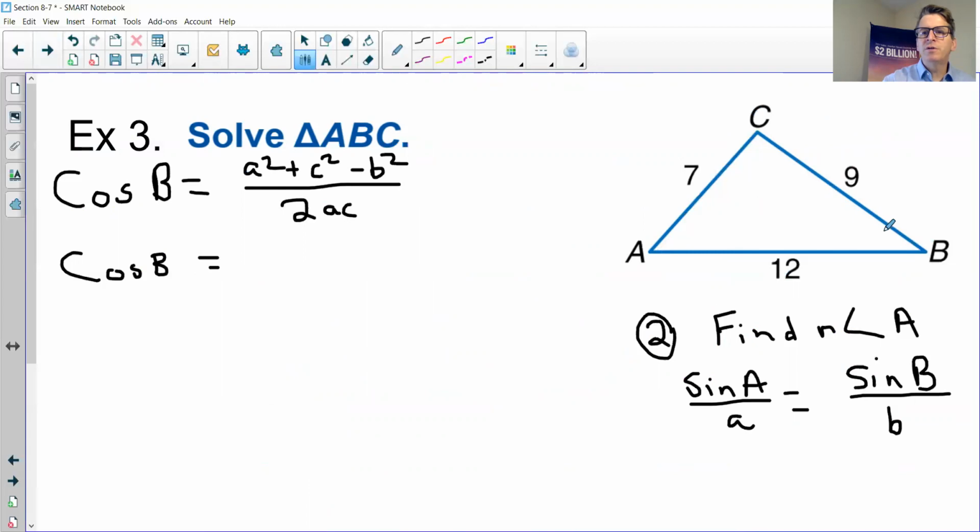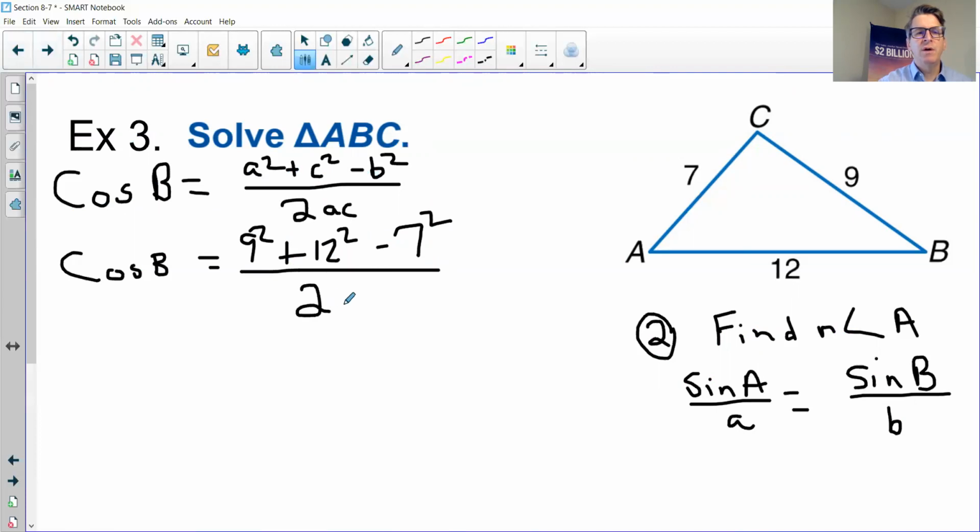We're going to start out with the cosine of B, which is equal to A squared plus C squared minus B squared, all over 2 times A times C. So that's 9 squared plus 12 squared minus 7 squared, all over 2 times 9 times 12.